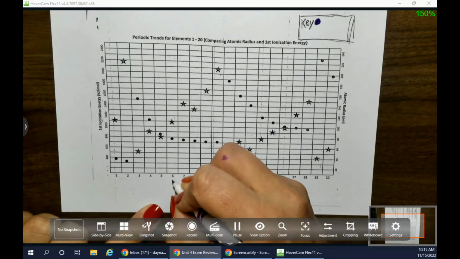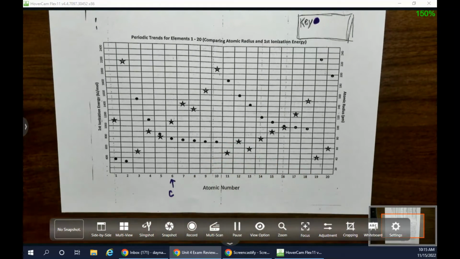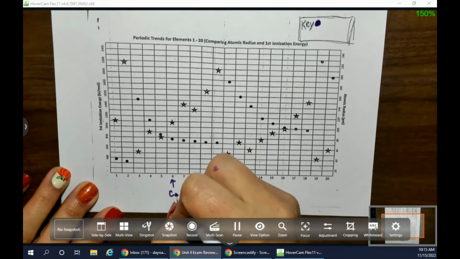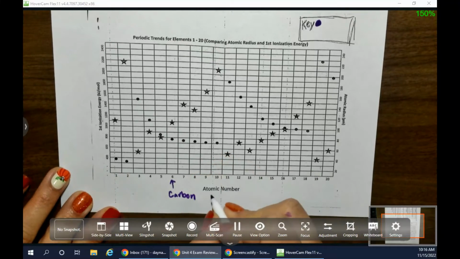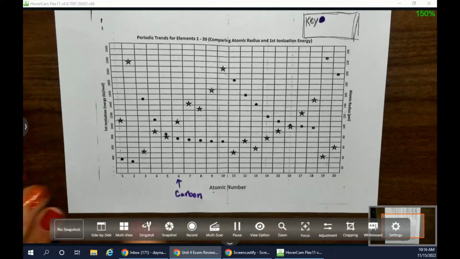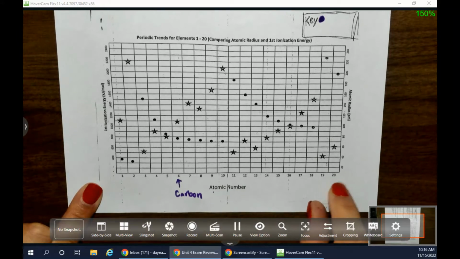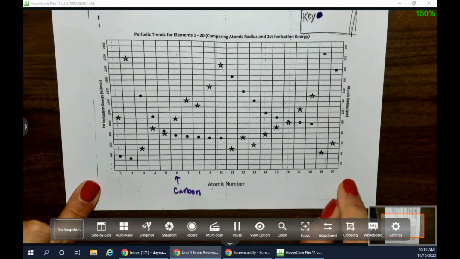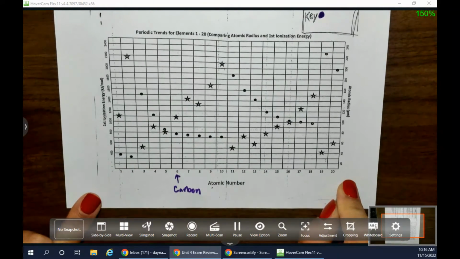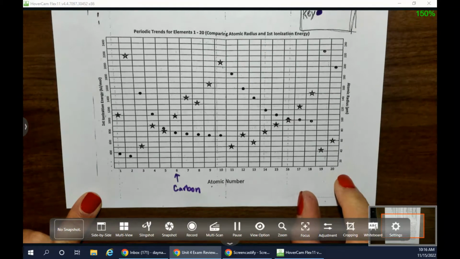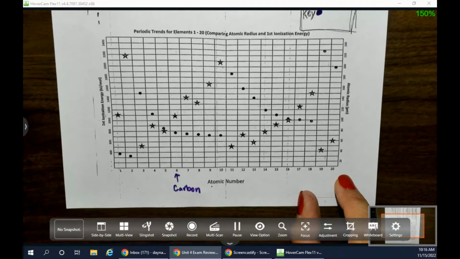So this is just telling you what element it is, right? So that's carbon. That's all that this is trying to share with you: your atomic numbers are going from 1 through 20. So where does this graph technically stop? Who is it talking about at the very end? Number 20.